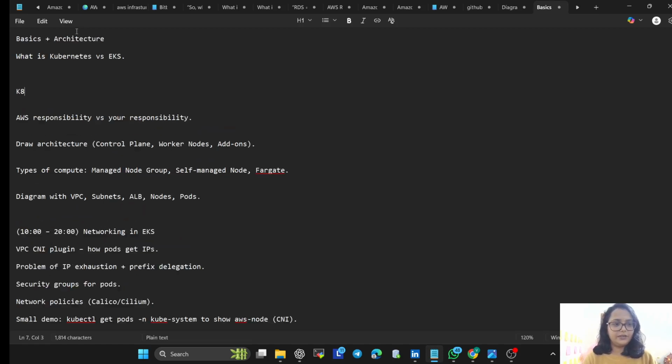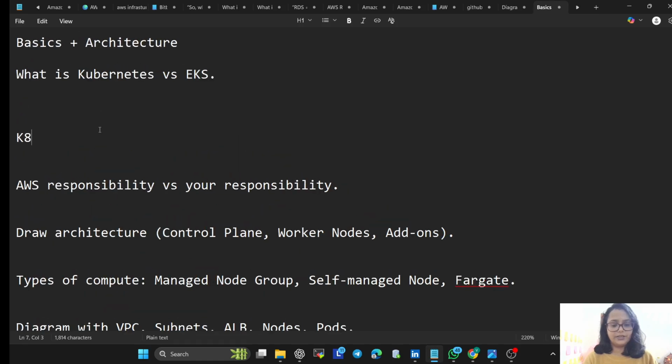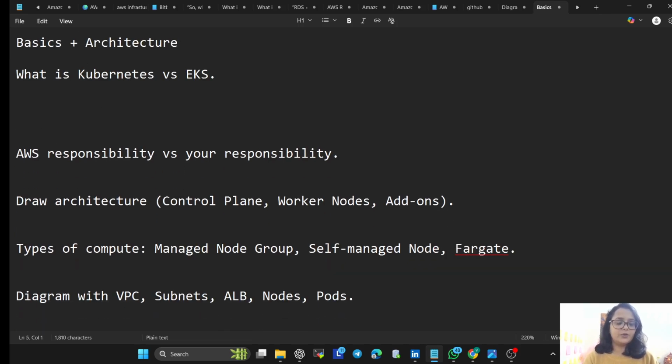Okay, let me increase the font size. Now I hope you are able to see it. So the question is, what is Kubernetes? Kubernetes is open source. Second thing, it is an open source container orchestration platform for deploying, scaling and managing containerized applications.